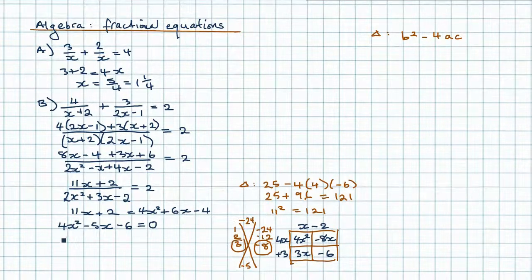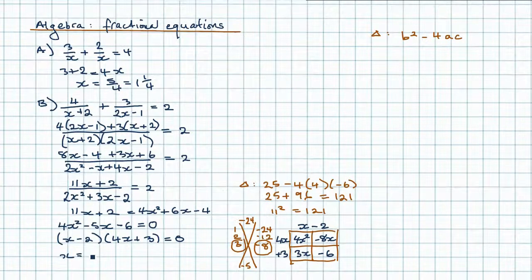And I've got my factors here on either sides of my grid. So I've got x minus 2, and I've got 4x plus 3, equal to 0. That must mean, using the zero product principle, x minus 2 equals 0, then x must equal 2.